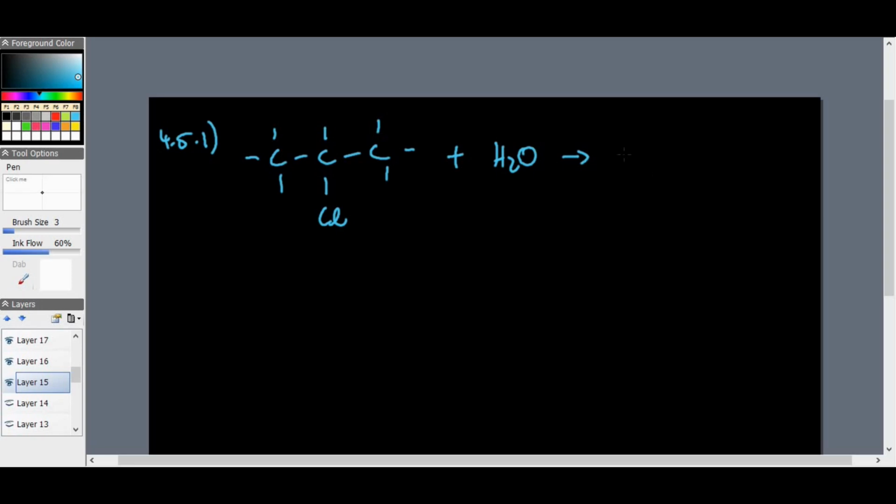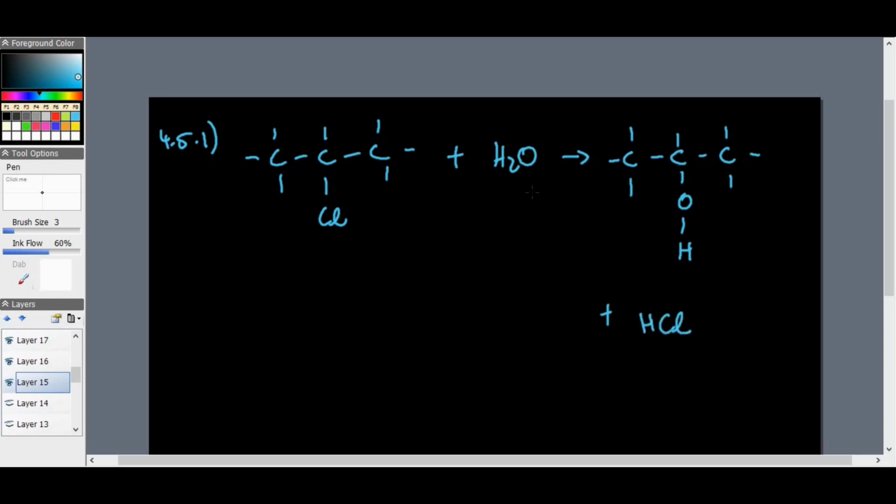And that should give us, of course, that stays the same. Now we've got the hydroxyl group present here, and everything else stays the same. Plus, we've got another compound, which I'll write at the bottom, plus of course, water, so that gives HCl.